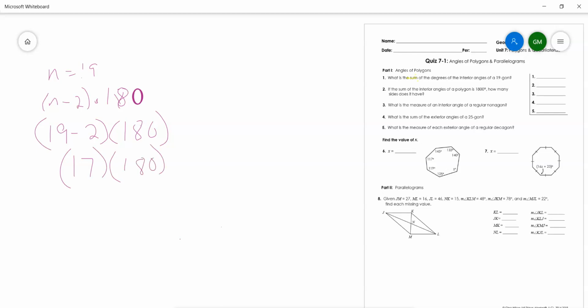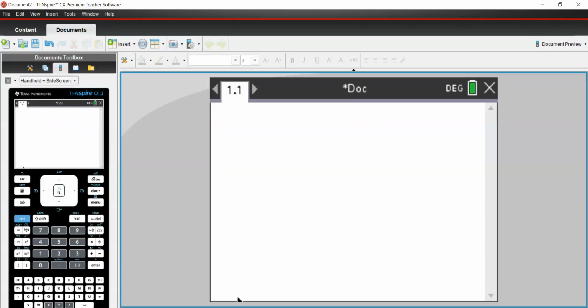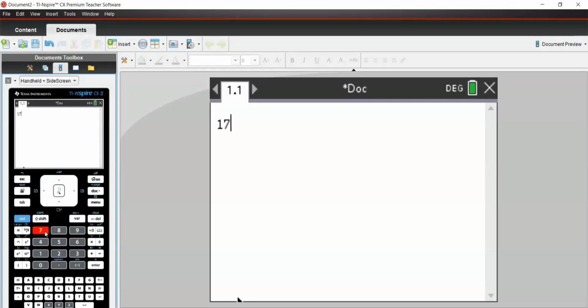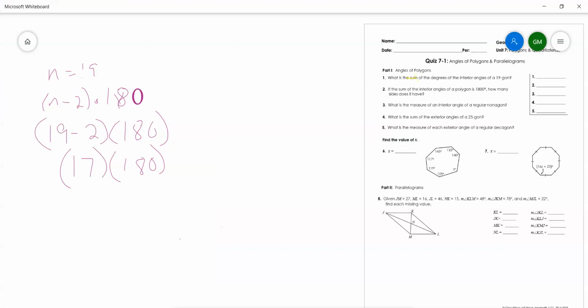Now, even if you don't know what that is off the top of your head, we can go to our calculator and say 17 times 180. Just enter. 3060. So let's just go back. It's 3060, and that's going to be the sum of the interior angles.